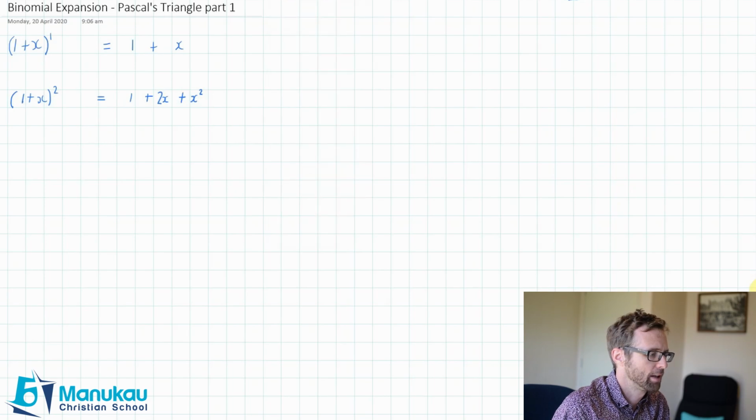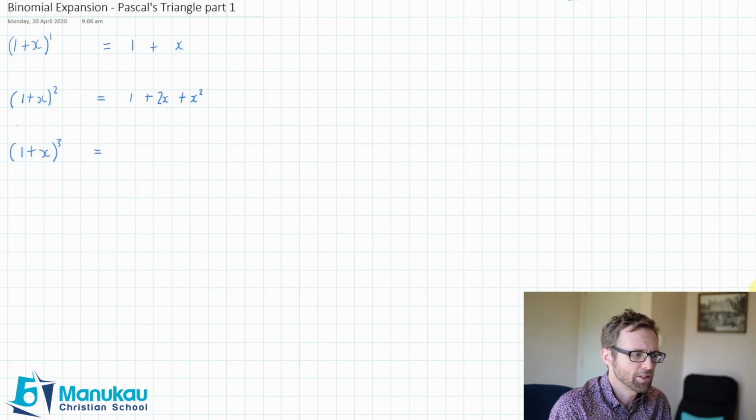Let's try doing 1 plus x to the power of 3. Well, we've just done 1 plus x squared, so all we're going to do is times that by 1 plus x, okay? So first I'll times it all by 1, so that'll be 1 plus 2x plus x to the power of 2.